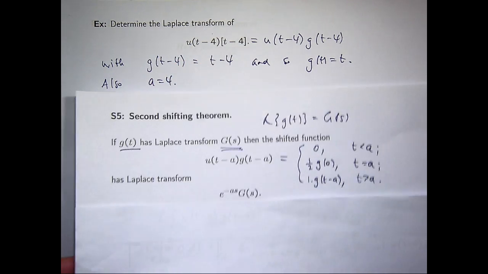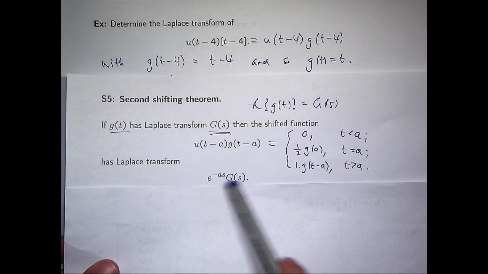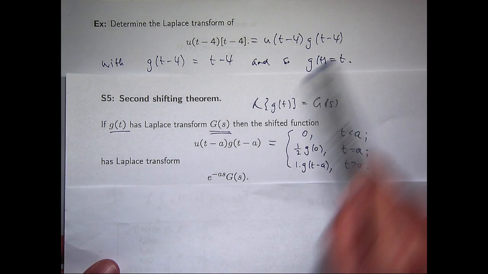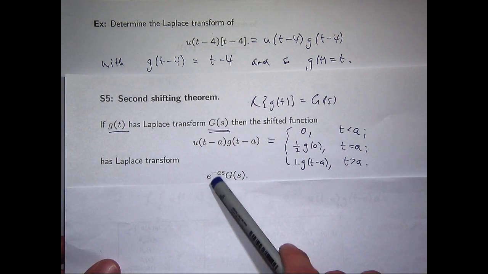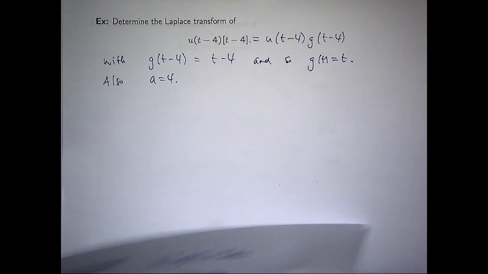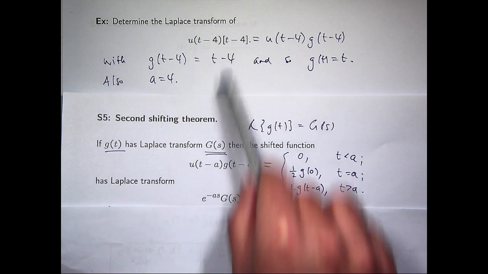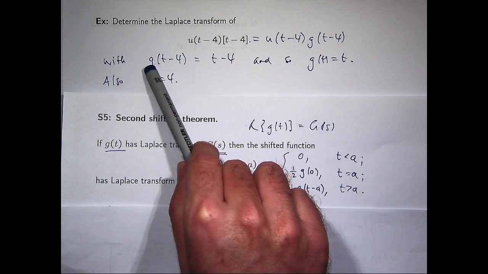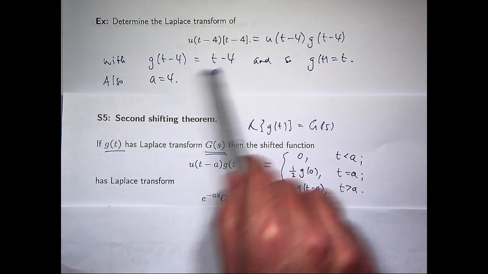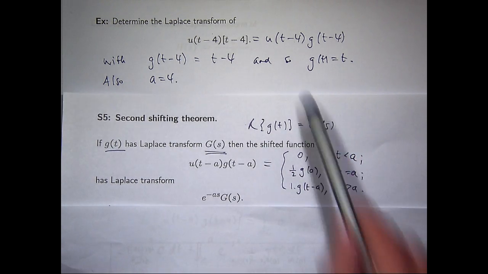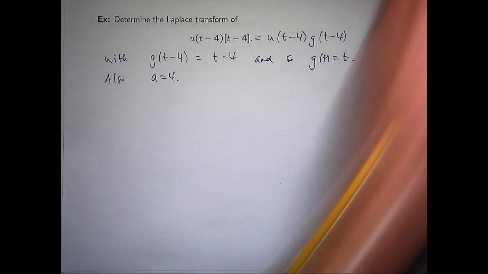All I need to do to apply the theorem is calculate the Laplace transform of my particular little g, and then multiply it through by an exponential. So you can see a method here. Identify that you have the form that you want. Find little g of t minus 4, some shifted g. Identify your a and identify little g of t, because you need to take the transform of it.